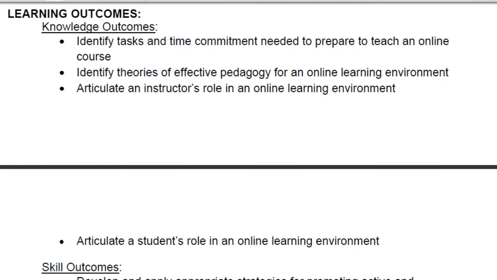We're going to be talking about roles a whole lot and how important it is for you to see things from every vantage point in terms of the stakeholders of the online environment.